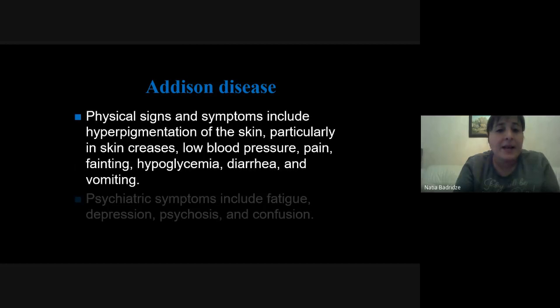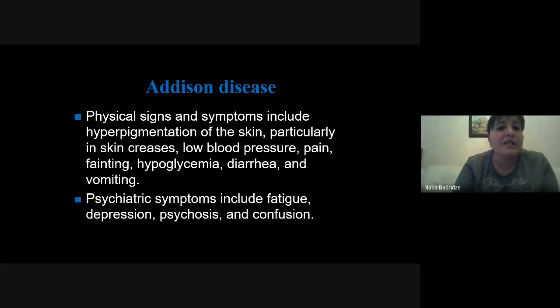So what are the characteristic signs of Addison disease? The physical signs and symptoms are hyperpigmentation of the skin. In particular, this hyperpigmentation occurs in skin creases, low blood pressure, pain, fainting, hypoglycemia, diarrhea, and vomiting.